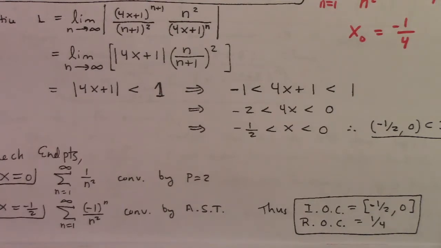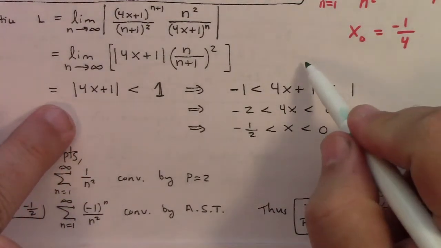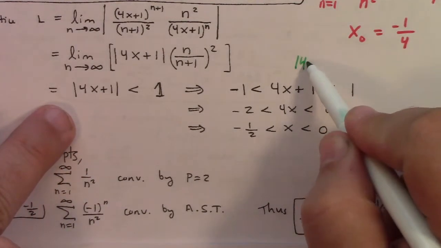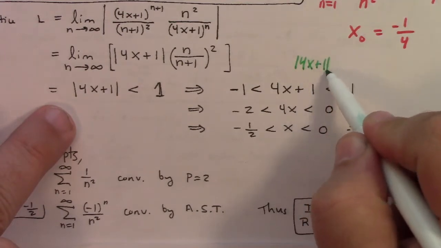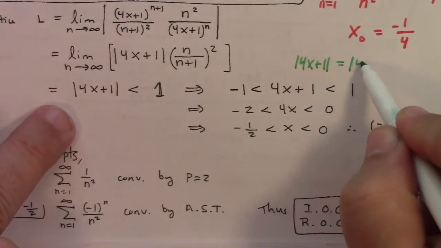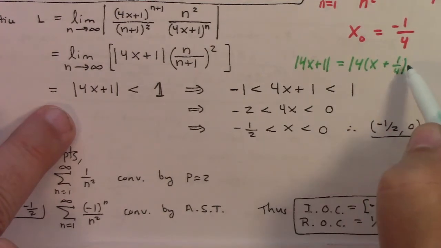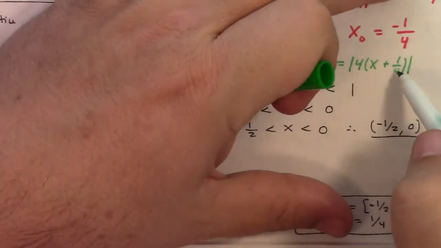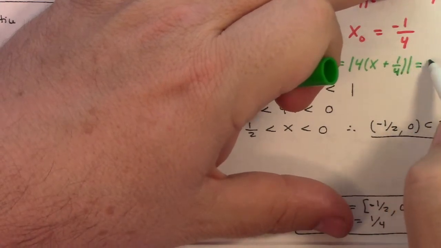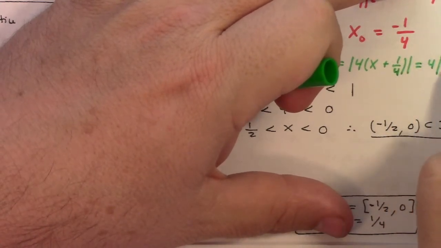Of course, while I'm at it, I might as well mention that another way to do this would have been that 4x plus 1 is equal to the absolute value of 4 times x plus 1/4, right? Which is equal to 4 times the absolute value of x plus 1/4.